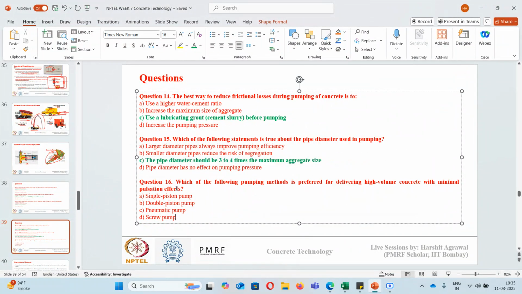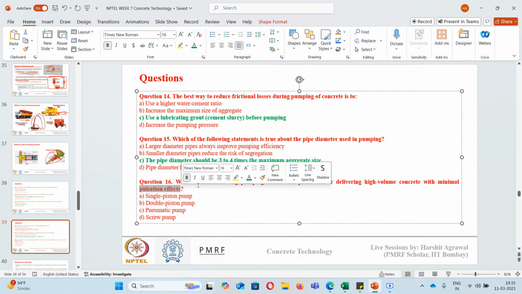Question number 16. Which of the following pumping methods is preferred for delivering high volume concrete with minimum pulsation effect? If you are confused about what this pulsation effect is, pulsation effect means fluctuating flow of concrete.